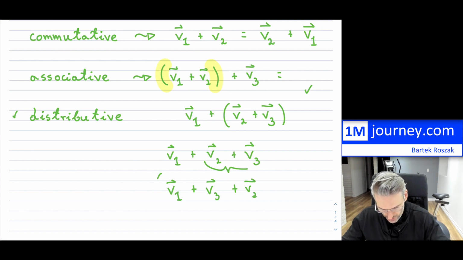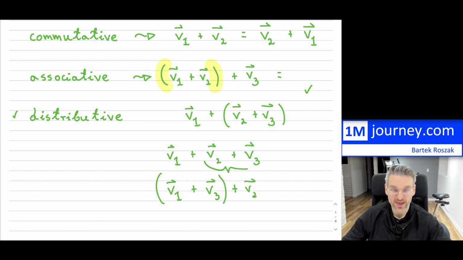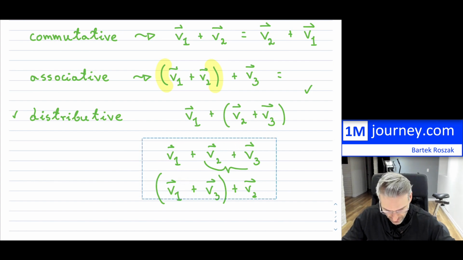And therefore, you can add these two together, again by the associative property, or the other ones. This is really neat, to be able to shift the vectors around as you like by the commutative property and then add them by the associative property in whichever order you like. So that is the associative property that we have in here.